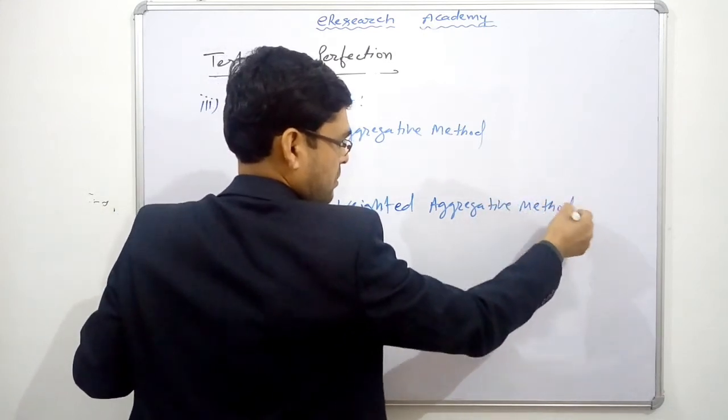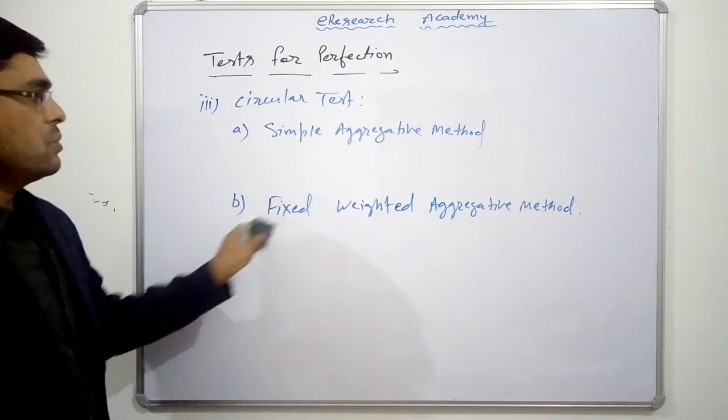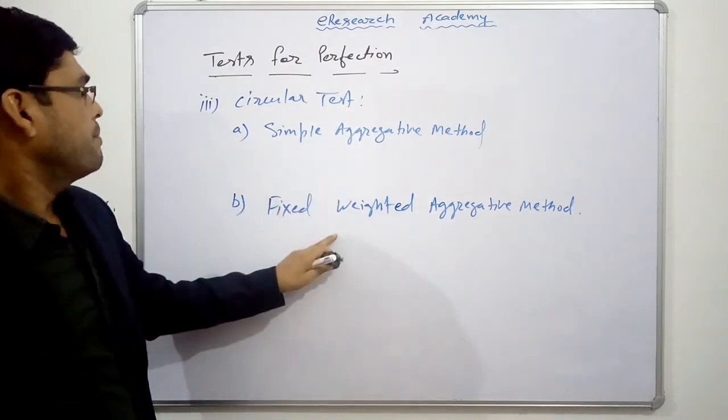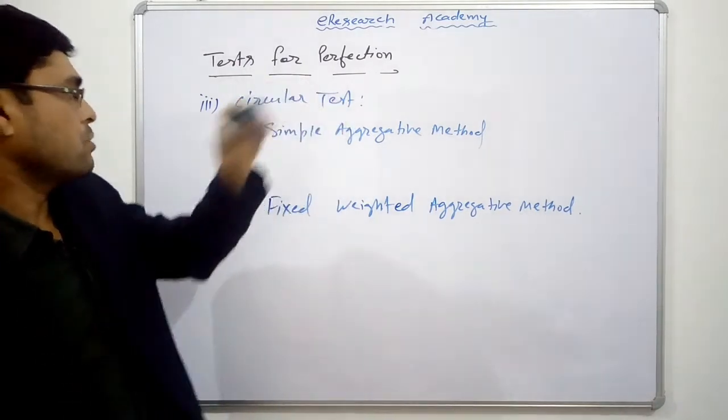So we have two methods under the circular test.